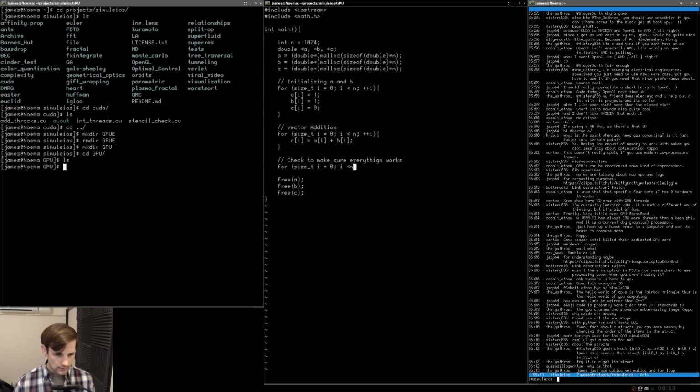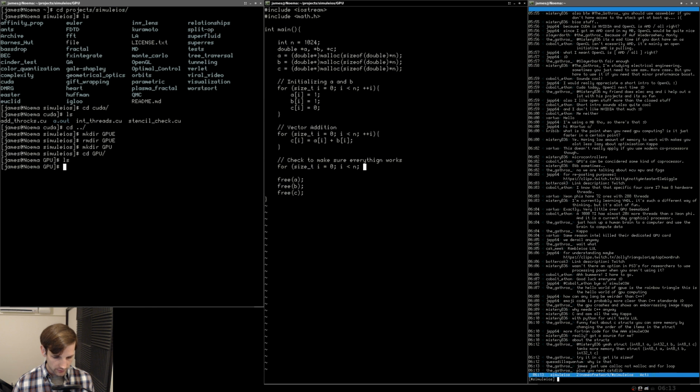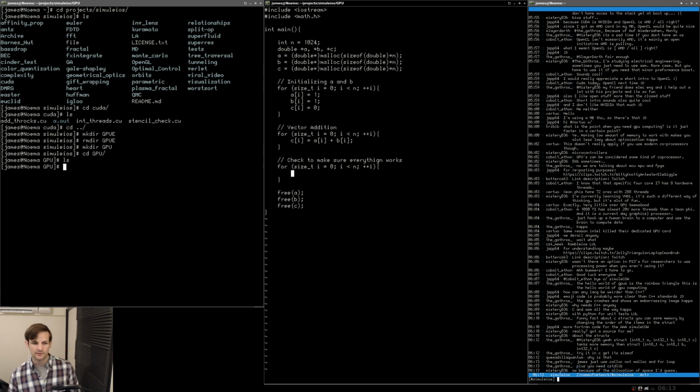I less than n. And then we'll do plus plus I, pop down here. And for our check, we can assert that, we'll just do this. If C of I is not equal to A of I plus B of I, then we're just going to do some sort of print out.